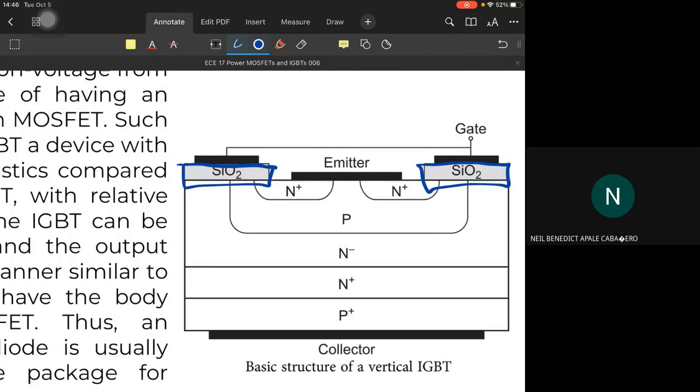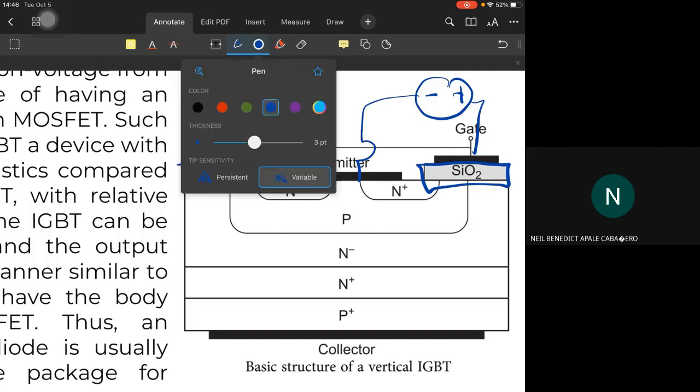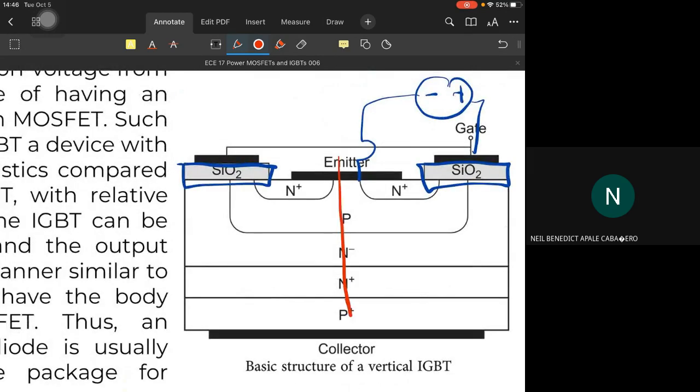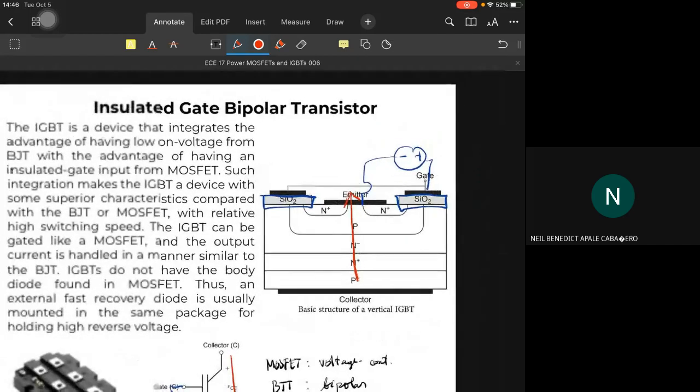So if we apply a voltage drop or voltage source at the gate and emitter, current will flow from the collector to the emitter, like a BJT. So it is accurate to say it is partly BJT, partly MOSFET.